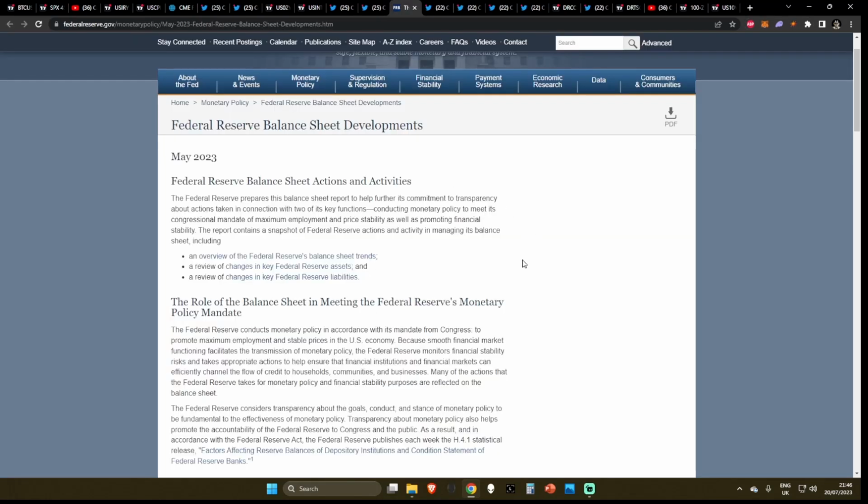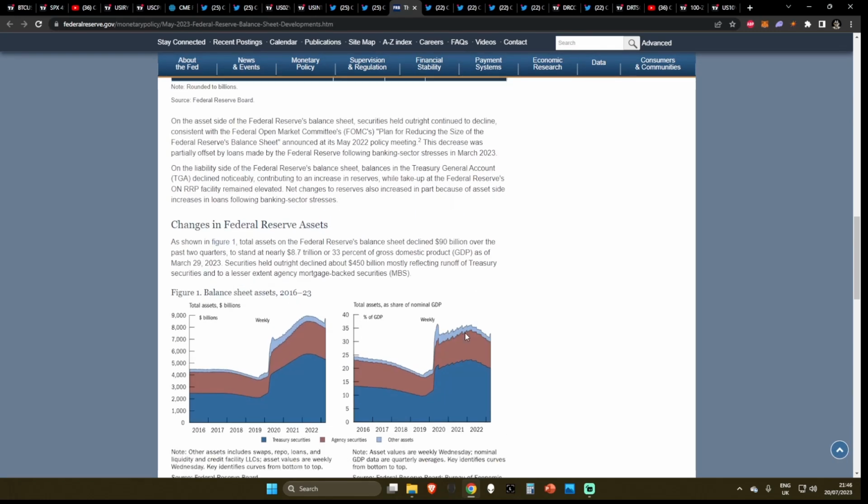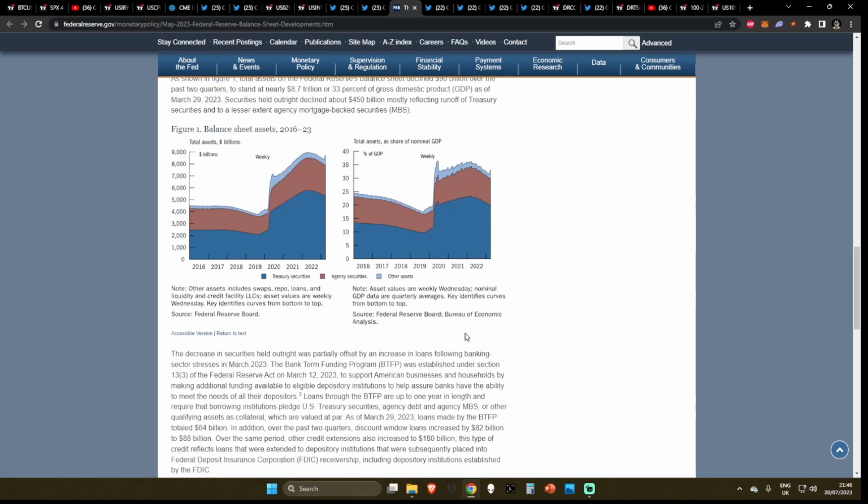If we come over to federalreserve.gov and come over to their balance sheet developments, if we scroll down, you can see in their most recent report, there has been an increase in other assets. This is predominantly in the form of their liquidity and credit facilities for banks, providing them with a little bit of liquidity in case something like SVB happens again. However, this is not liquidity for us. This is liquidity only available for banks.